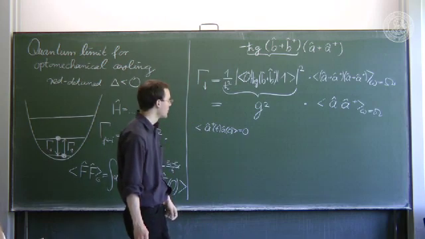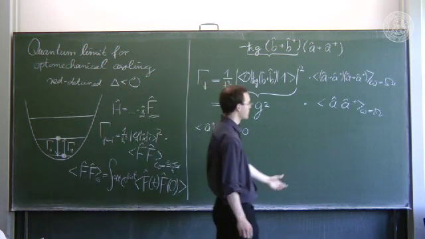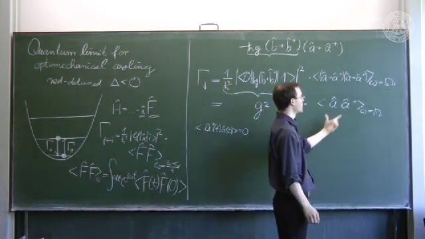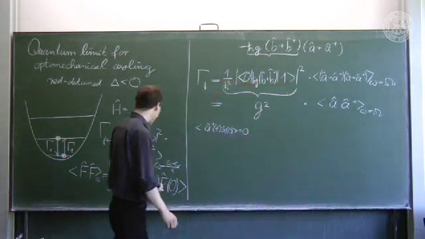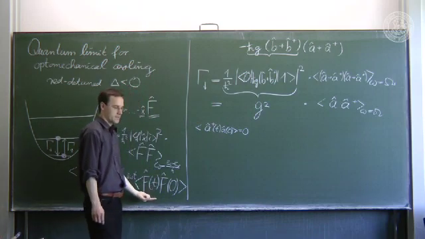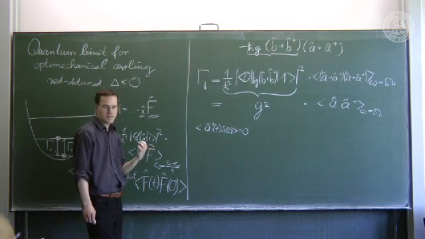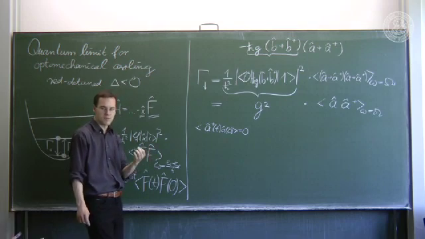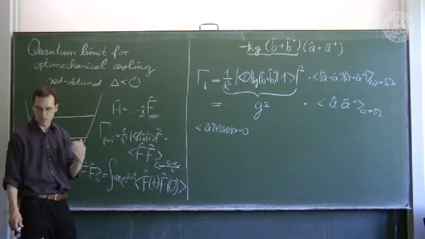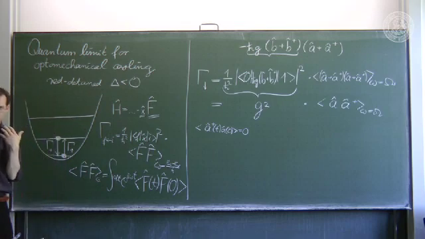Good. So the next thing we have to do is really calculate the spectrum, and for that I need to calculate the correlator. And the little trick is that I still need to take into account that my optical cavity is coupled to the outside world, that there is this decay kappa that will enter the correlator.